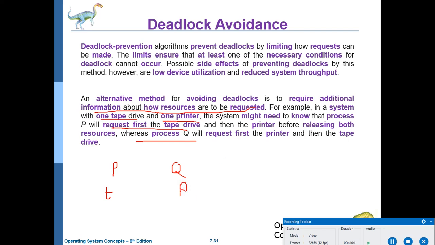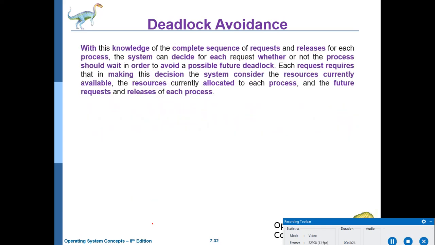After Q has used the printer, the printer will be allocated to process P, and after P has used the tape drive, it can be allocated to process Q. This is how deadlock can be avoided. But for this, the operating system needs to know in advance the resource requirements of a process.